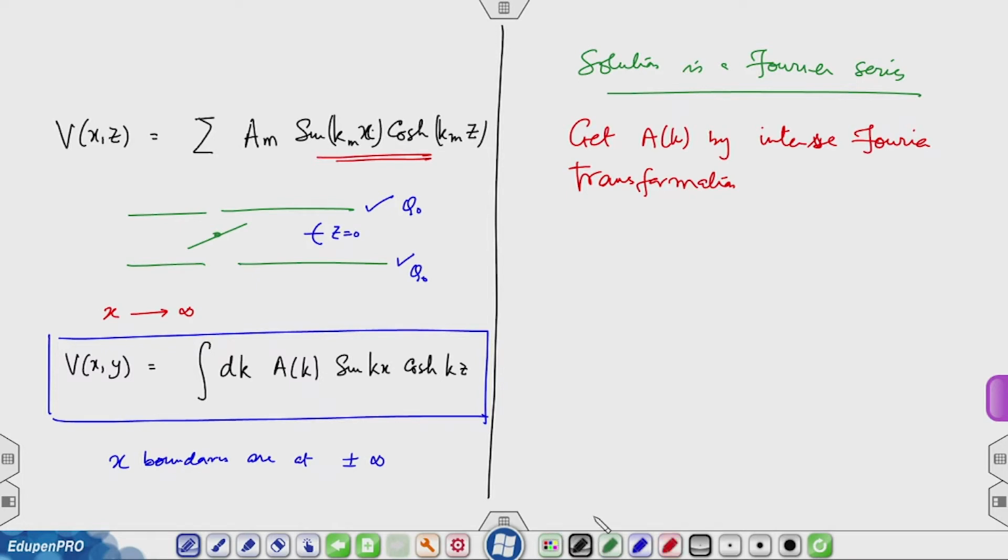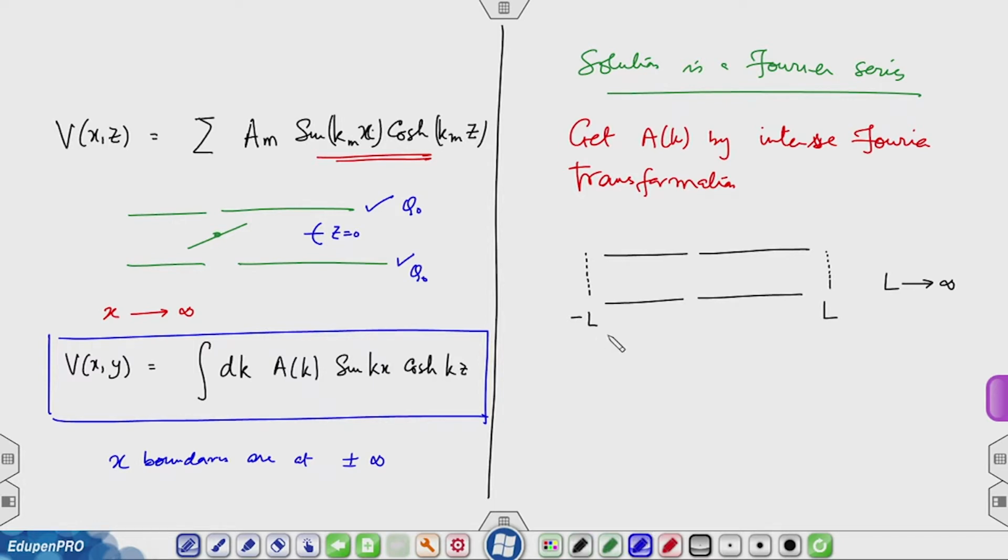So, what I am going to do is take this problem to be like this, that on the right hand side I will make a boundary at L, on the left hand side I will make a boundary at minus L, where L tends to infinity. And when L tends to infinity, you will see that I can replace the summation by an integration.